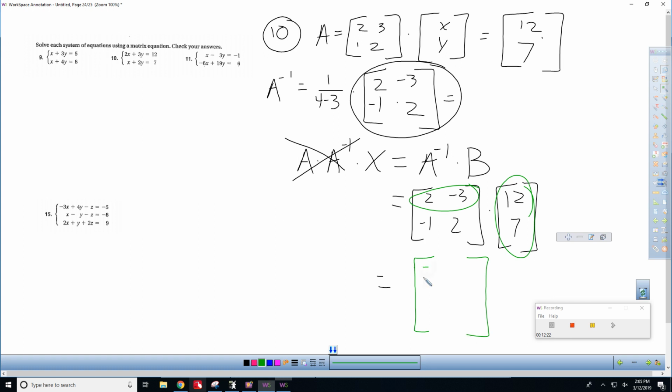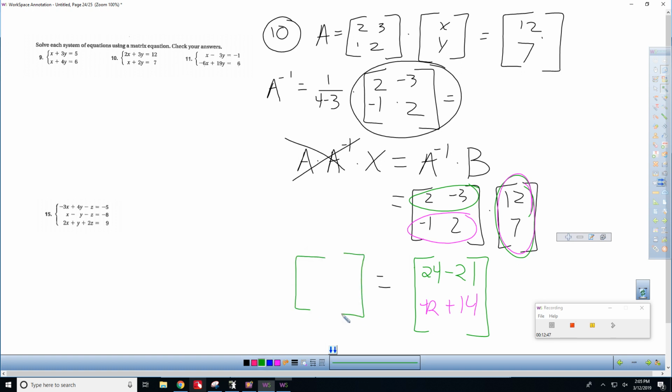2 times 12 is 24. Negative 3 times 7 is negative 21. Negative 1 times 12 is negative 12 plus 14. And I'm just working where I got room so you can see everything.